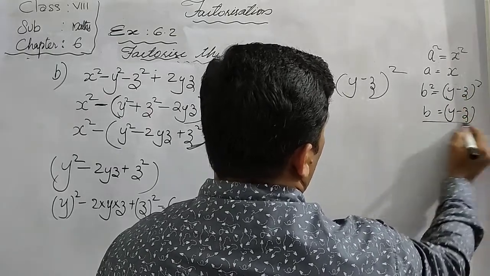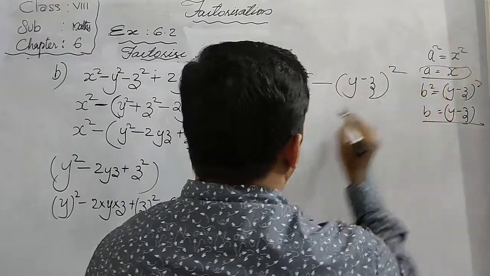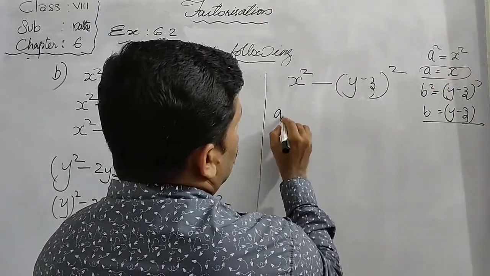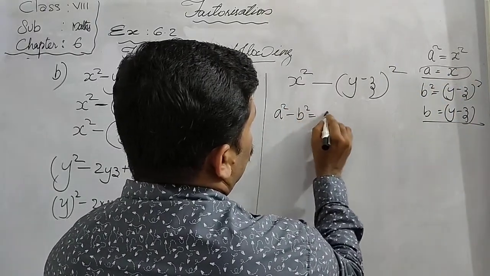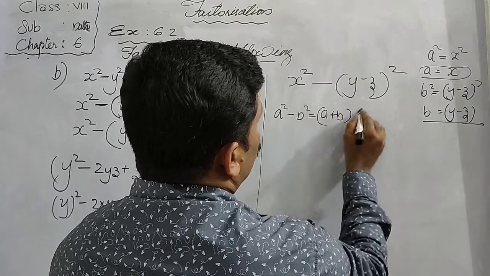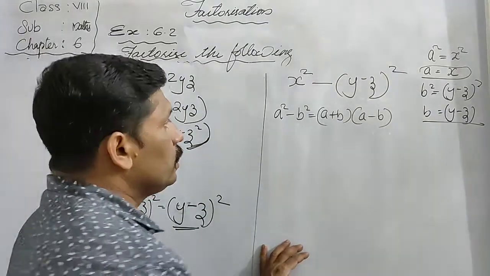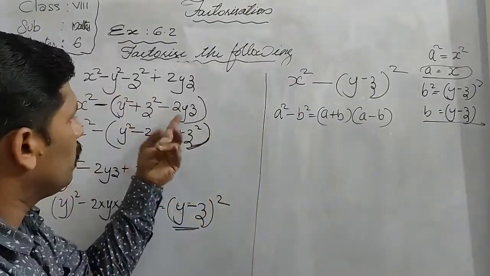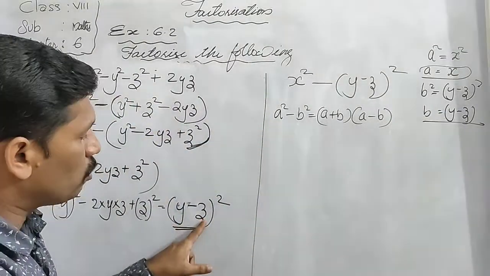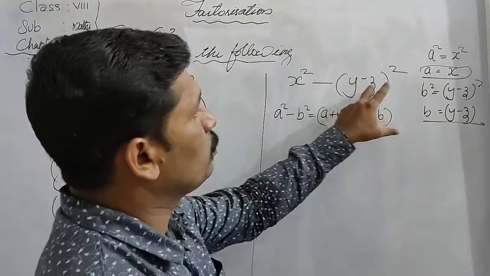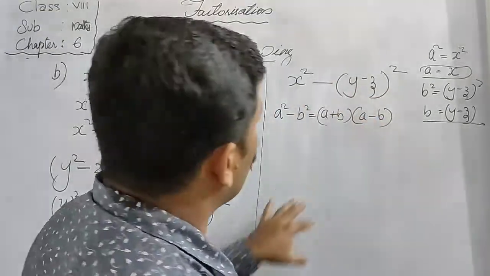So a and b we have located. This is b and this is a. So here we use the property a square minus b square is equal to a plus b into a minus b. I think that students, you are understanding this. So first this trinomial we factorized and we got y minus z all square. Then we wrote the a square minus b square format, and a and b we are now locating.